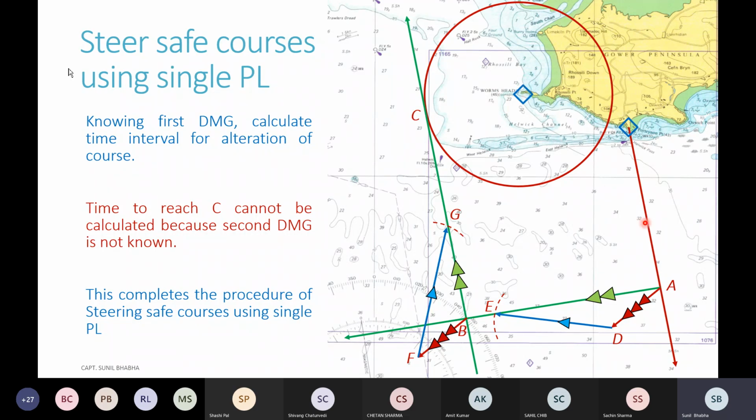Let us say the ship is at this particular point here, and you follow this course made good and the time to alteration. After this much time, you are going to reach this second green line, that is Bravo Charlie.